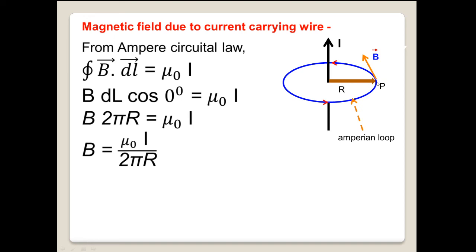So we draw an imaginary loop through which all the current is passing. So the line integral of B dot dl equals mu naught I, from Ampere's circuital law. Here B dl cos 0 degree equals mu naught I, and the loop length is 2 pi r, so B equals mu naught I by 2 pi r.